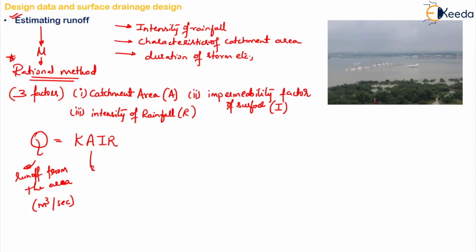The area, the catchment area, is in hectares. I is the impermeability factor of the surface, and R is the intensity of the rainfall, which normally we give in mm per hour. So these are the units we have to consider.